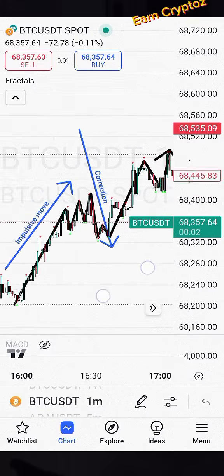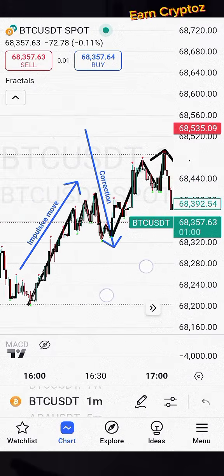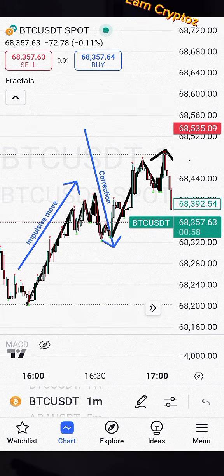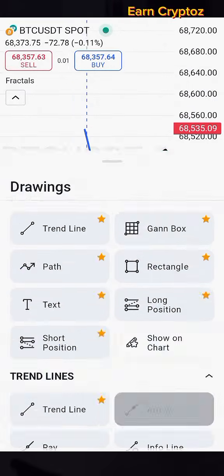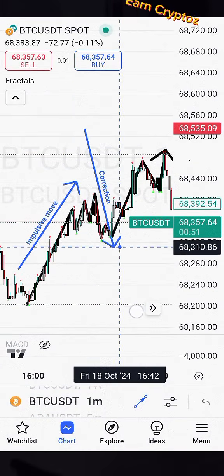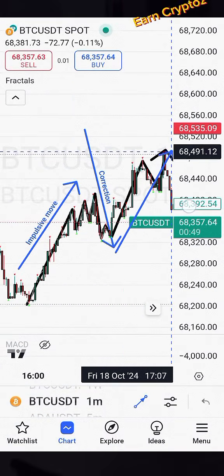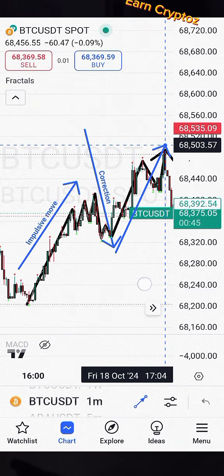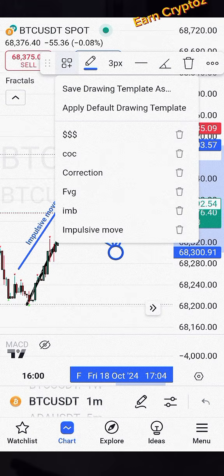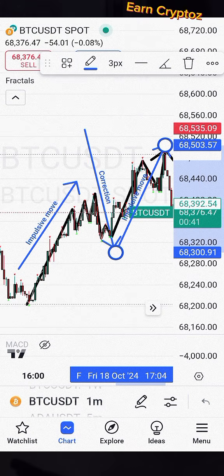And then another impulsive move started from the end of that correction. And it went higher than the previous impulsive move.